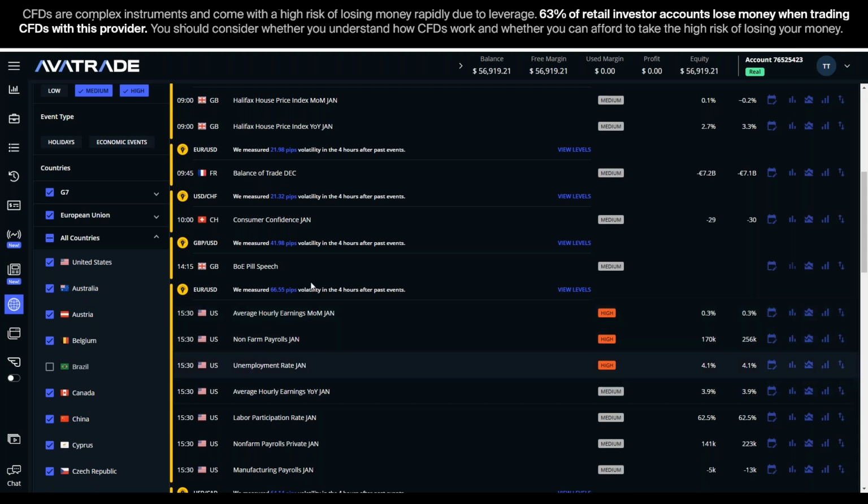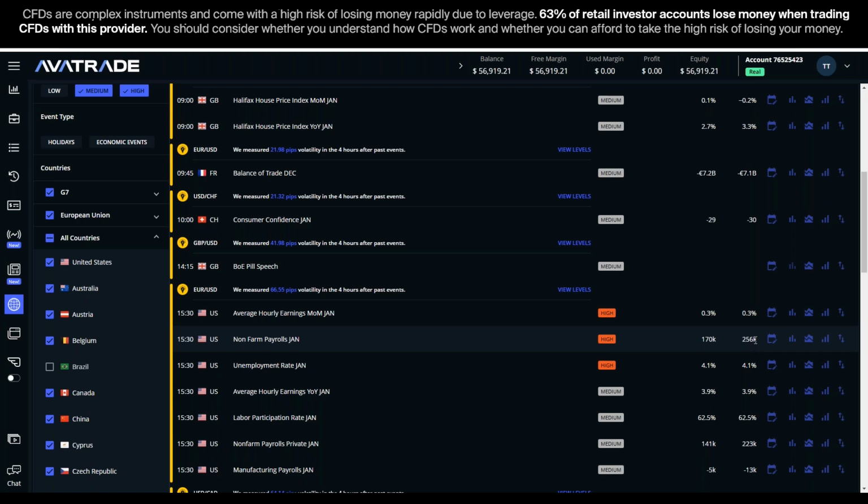Now, the big ones tomorrow. Non-farm payroll is the biggest typically announcement of each month out of the US. It's watched by many traders and investors, and you see big movements on the charts after these numbers come in. Okay, so what do we see with the non-farm payroll? The expectation out of the US is not good.